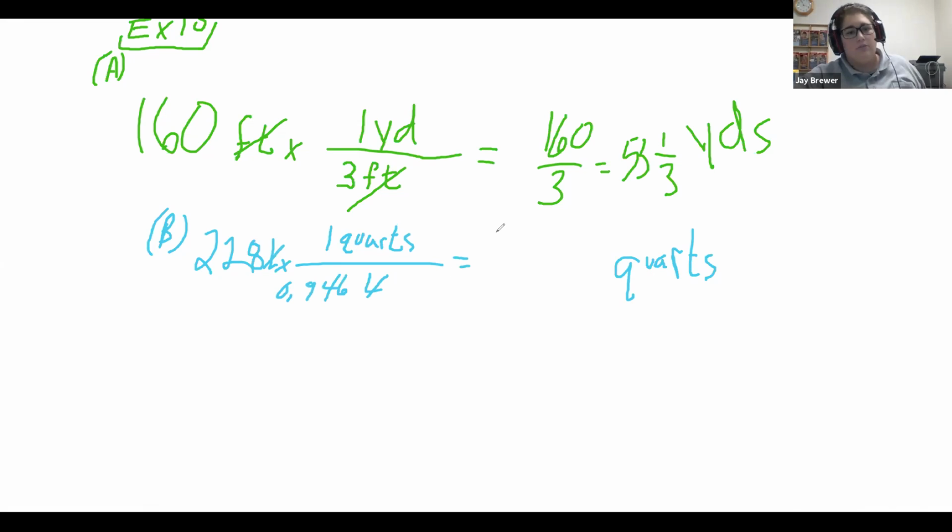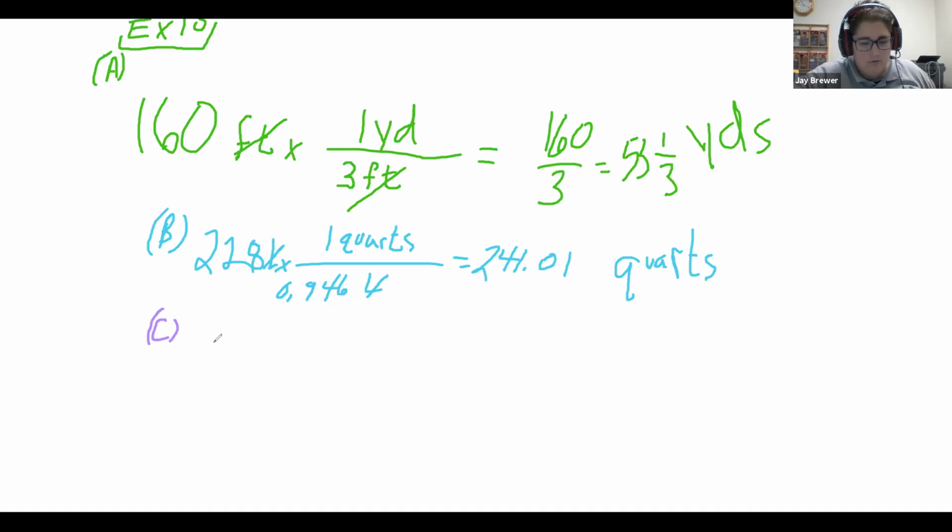Okay, so if you do this in the calculator, 228 divided by 0.946, you will end up with 241.01 quarts. Now, obviously, you guys know these are application problems, so you want to be writing a sentence for each of these, but I'm going to assume that you can do that on your own.